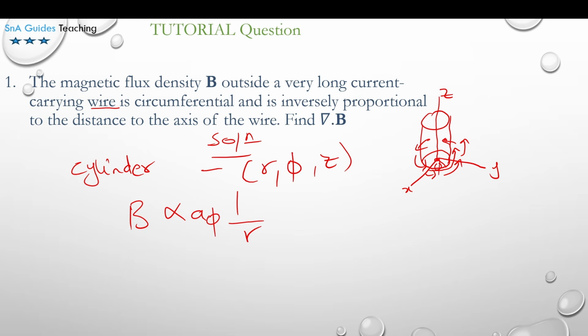So it's inversely proportional to the radius. Taking away the inversely proportional sign, we introduce our constant k. So this is what you are going to get: B is equal to k on r in the a phi direction.